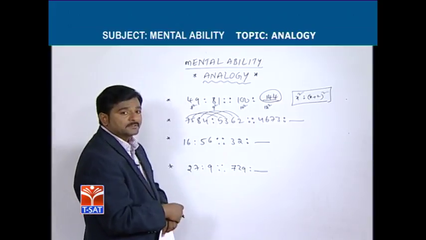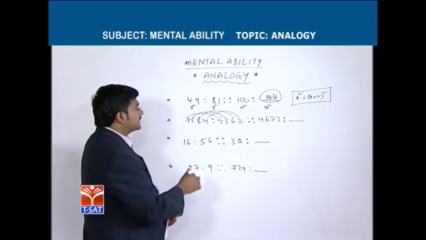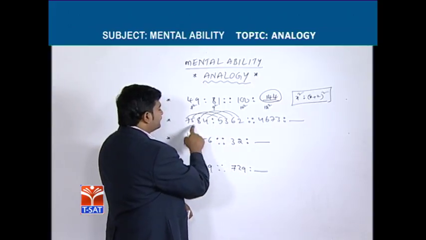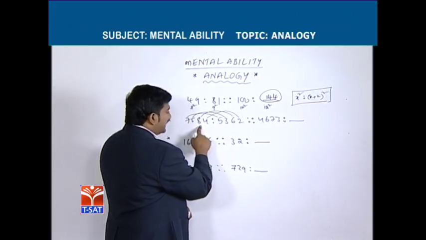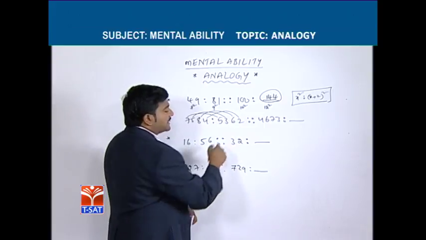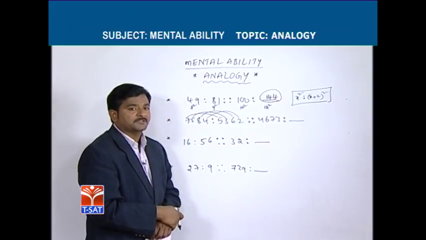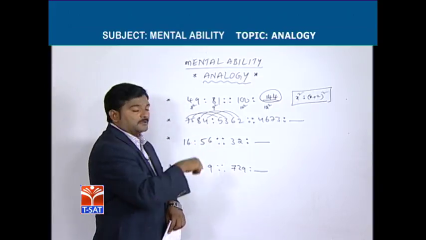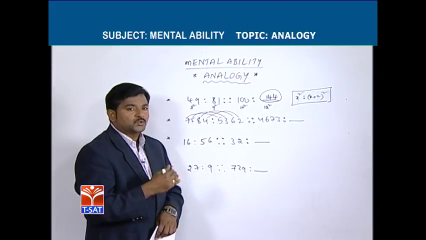What did you observe here? I repeat this concept once again. 7 is written as 5, 5 is written as 3, 8 is written as 6, 4 is written as 2. So what is the concept involved in this? Simply, the number is reduced by 2 in each digit.